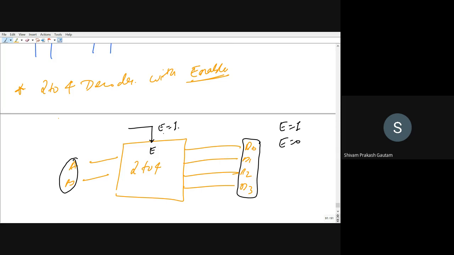If E is low, that is, if this enable is not high, that means this decoder is not on, then you will not get output, right? For any combination.